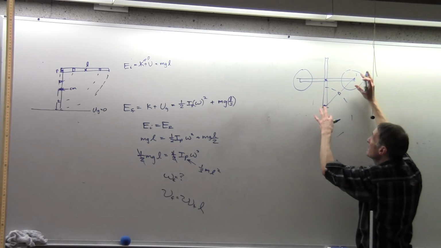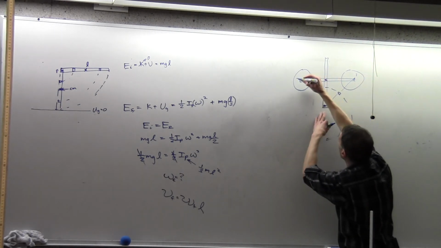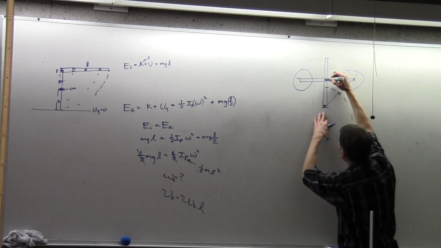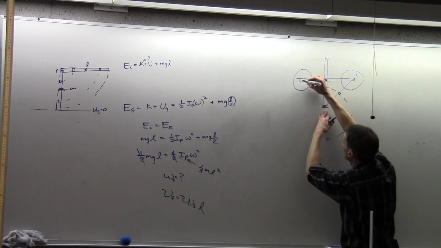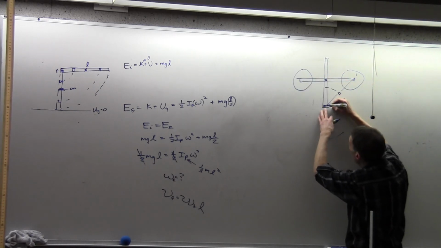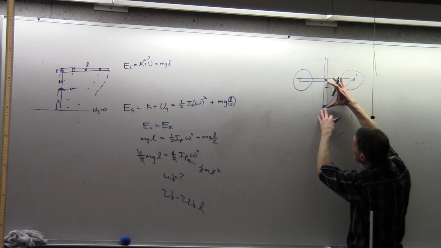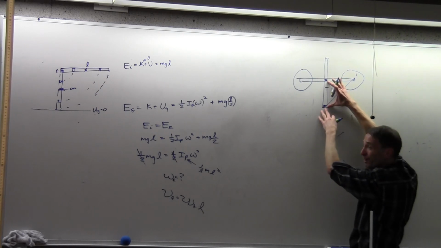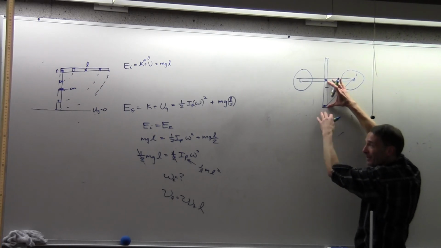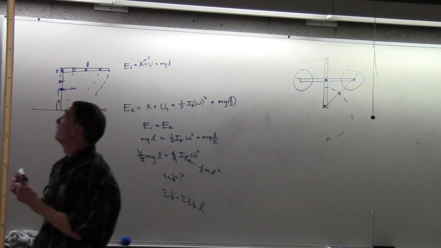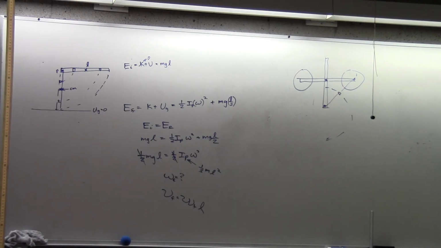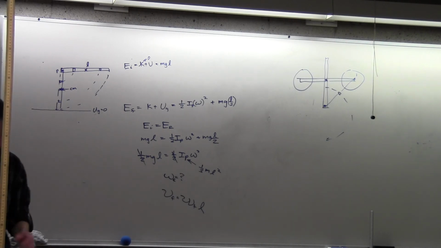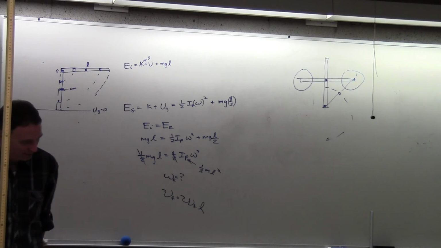The individual masses, the rods. This rod also is rotating. You want to use the parallel axis theorem for this rod about this point. It has a distance d of half the length of the rod. Okay, I've got the details in my notes. We've got a lot of ground to cover, so I'm not going to do that. But anyway, between you and your study partners, hopefully you have study partners that you can resolve any of those issues.